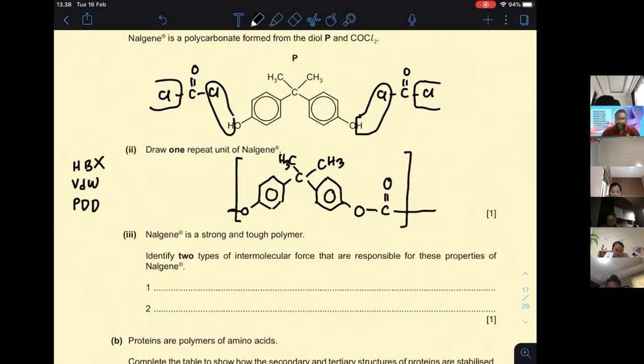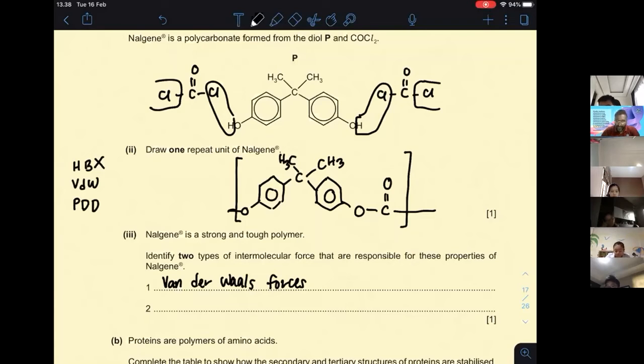So I will have van der Waals forces of attraction. Just put van der Waals forces, and we can also have permanent dipole-dipole forces of attraction. In your marking key, they give it as ID forces, induced dipole, or London forces.